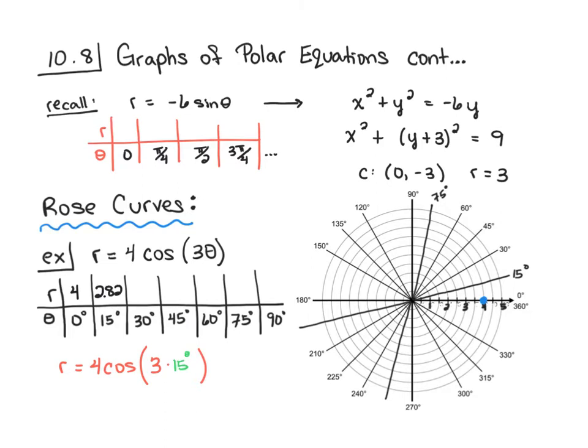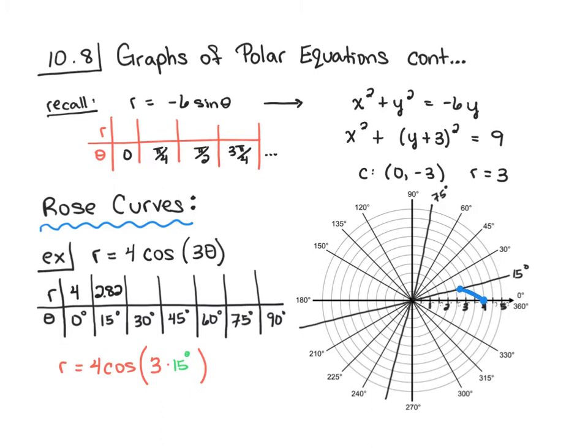So again, you're going to go to your angle 15 degrees here. Radius is positive, so you're going to go 2 and then a little more than halfway, so about right there. So maybe about right here, just approximating. So I've gone from this point to this point, kind of curving as I'm doing it.